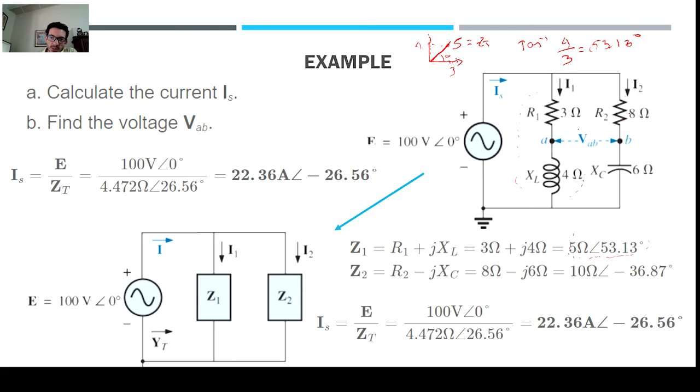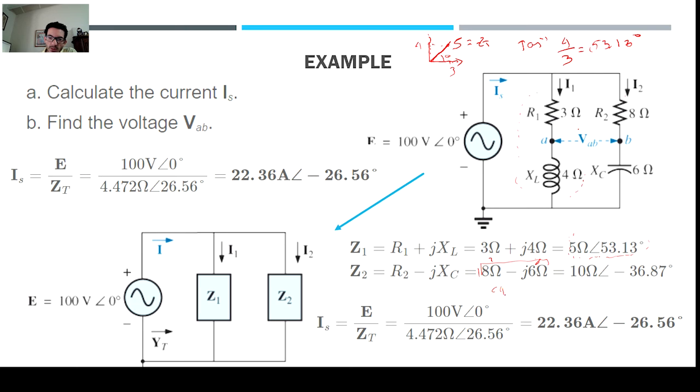The second one is R2, which is 8, minus 6 ohms, because the capacitor is in series. So 8 minus 6 means the total impedance is the square root of 8 squared plus 6 squared.